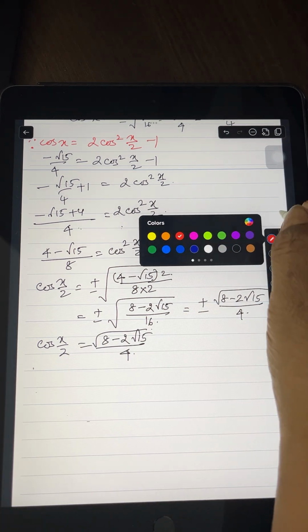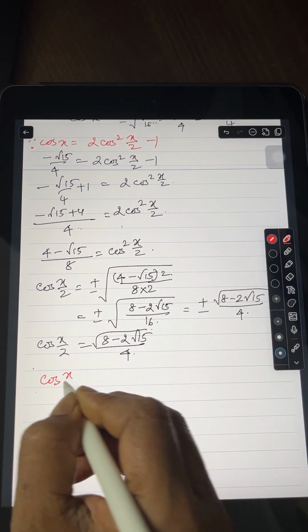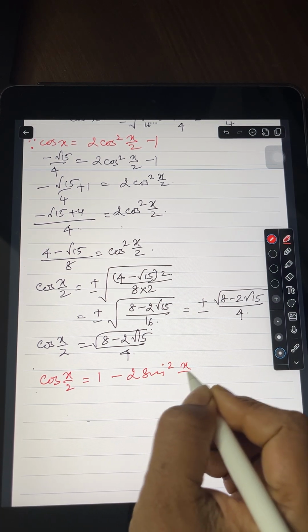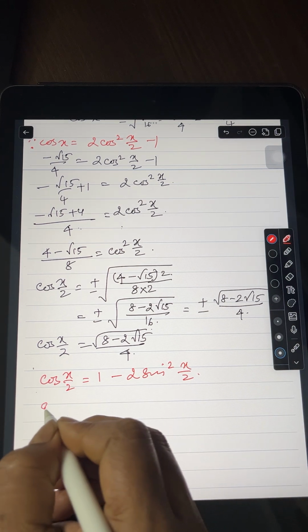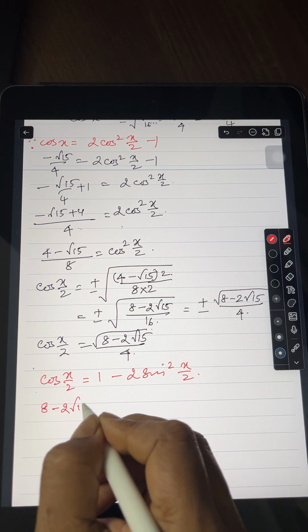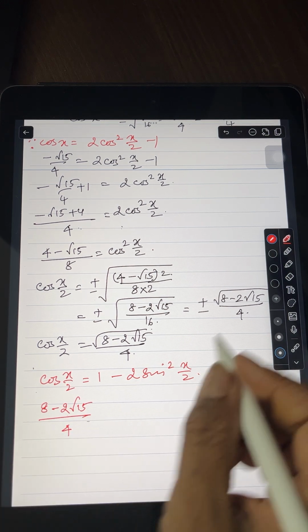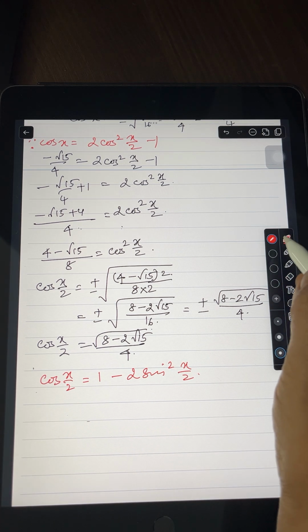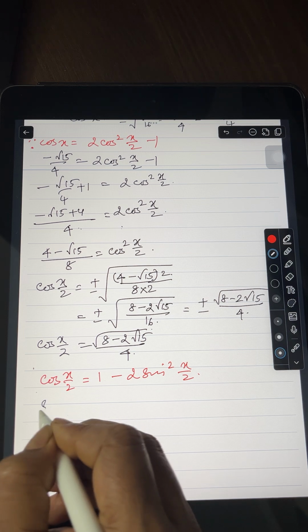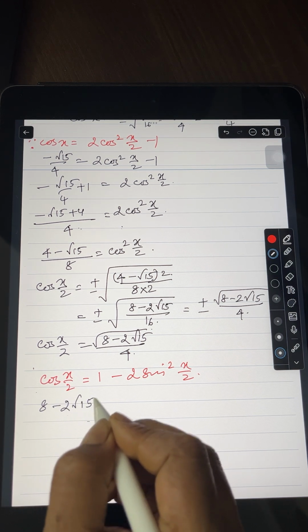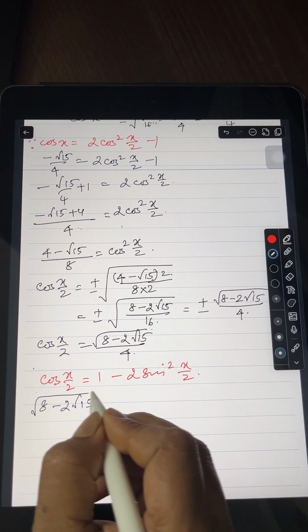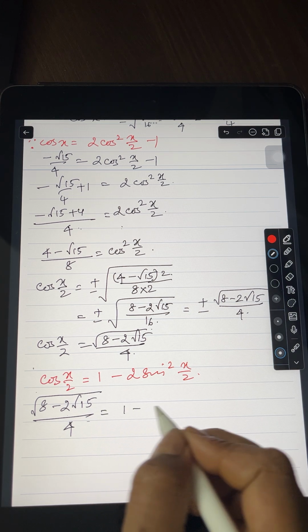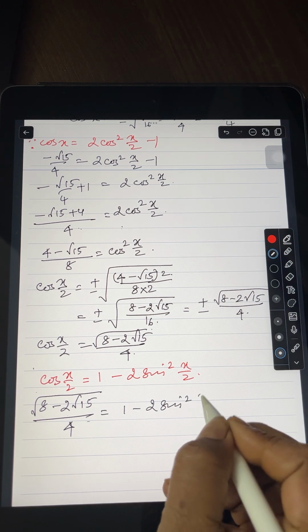Cos x by 2 is equal to 1 minus 2 sine square x by 2. So if I take root of 8 minus 2 root 15 by 4, I'll try with this. Let me see if I'm getting it. Root of 8 minus 2 root 15 by 4 is equal to 1 minus 2 sine square x by 2.